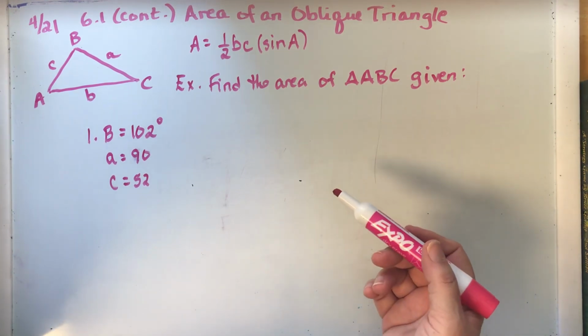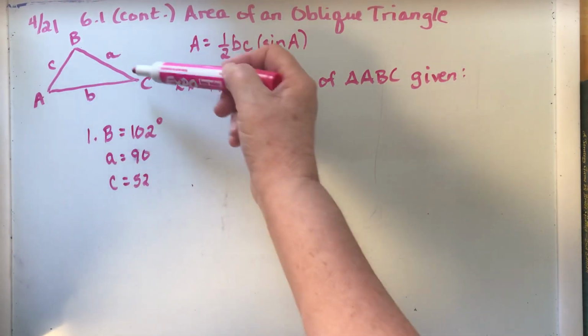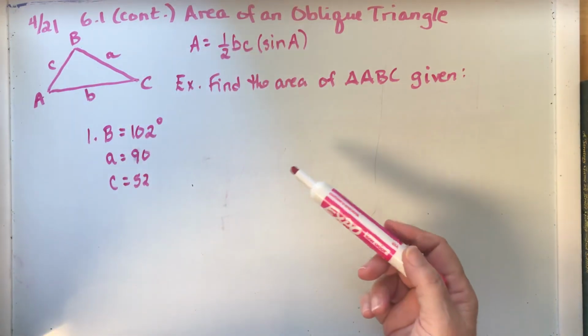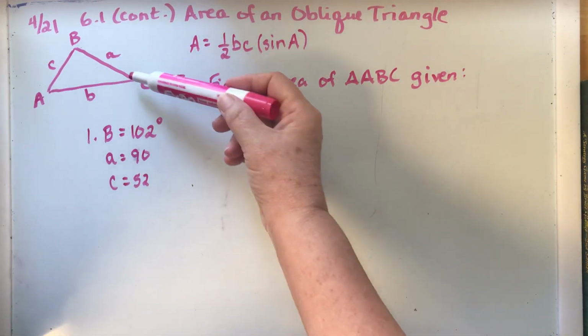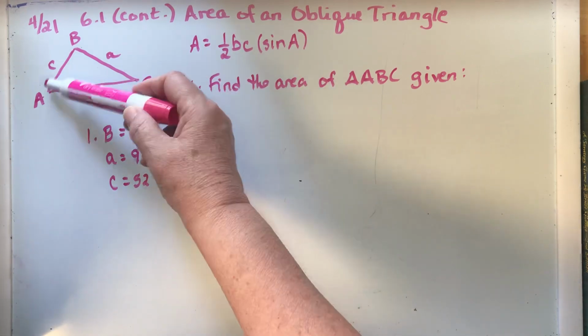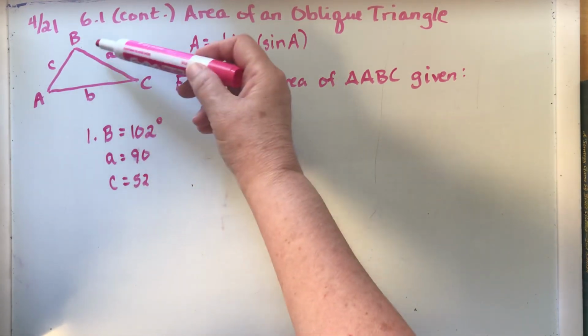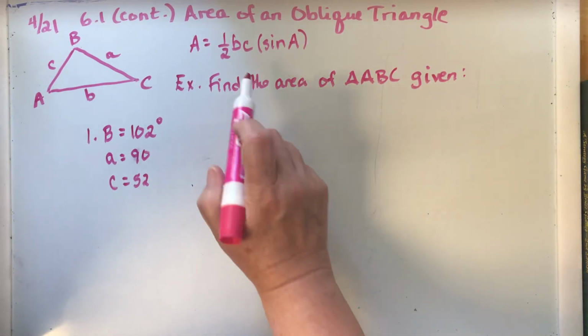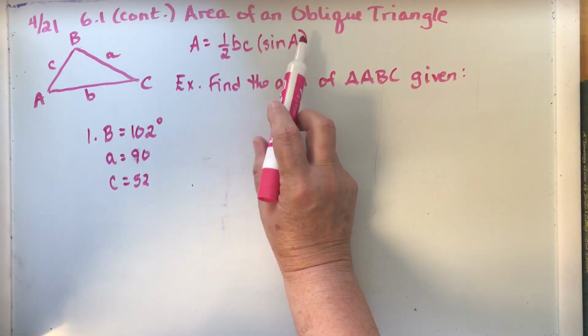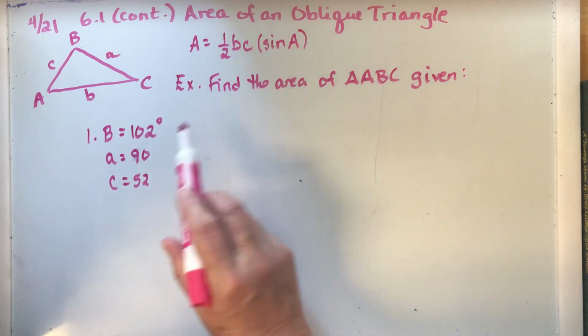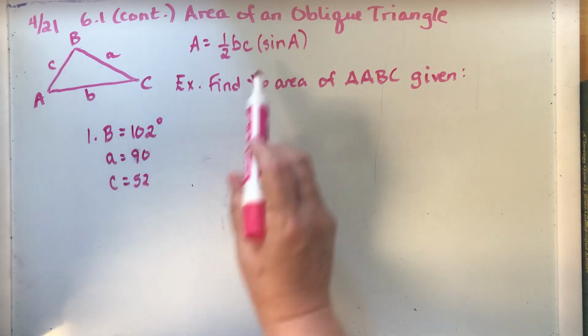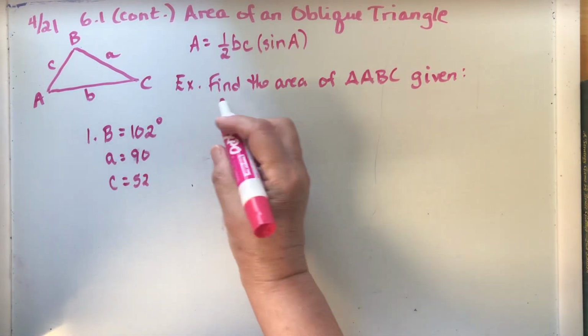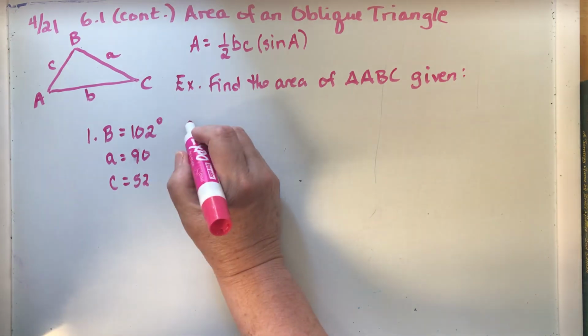All right, so the area of this triangle, it very well could be this triangle, of course not drawn to scale, where we have the length of side A, we have the length of side C, and we're given the measure of angle B. So according to our formula, and notice our formula now is written when we're given angle A. We're not given angle A this time, we're given angle B, but we can rewrite the formula with the right information for this particular problem.